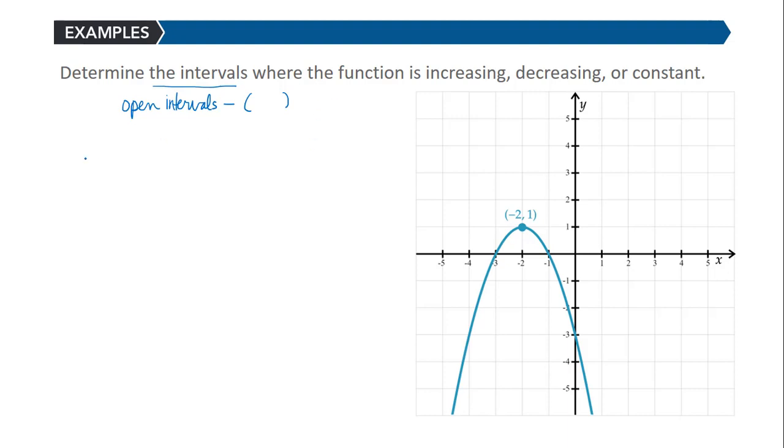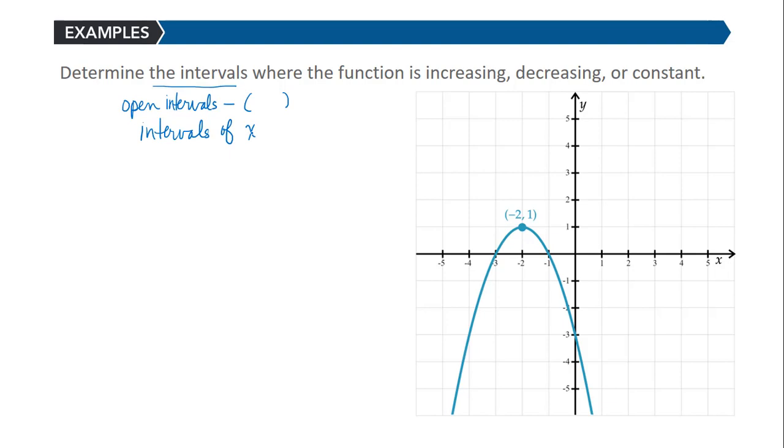And our answers will always be in terms of x. We're always looking for the intervals of x for which the function is increasing, decreasing, or constant, because knowing if the function is increasing, decreasing, or constant tells us how the y values are behaving within that interval of x.